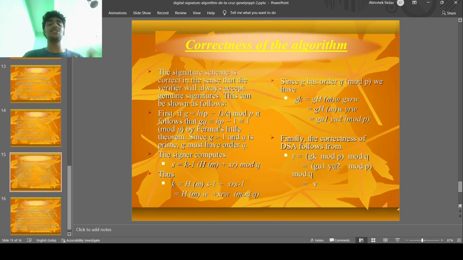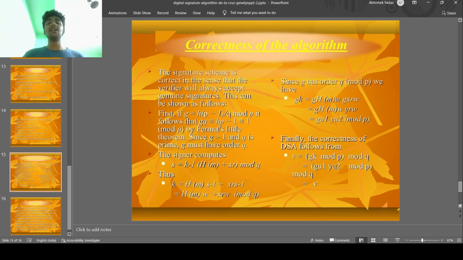Since g is also greater than 1 and q is prime, g must have order q. So the signer computes s, which is equal to k inverse into hash of message plus xr, mod q. Thus k is equal to hash of message into s inverse plus xr of s inverse, which is basically hash of message into w plus xrw, mod q.